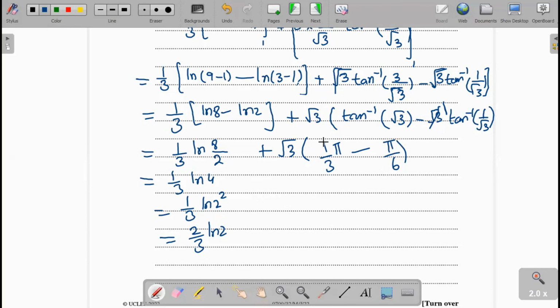Now this can be written as plus under root 3 over 3 pi minus under root 3 pi over 6.